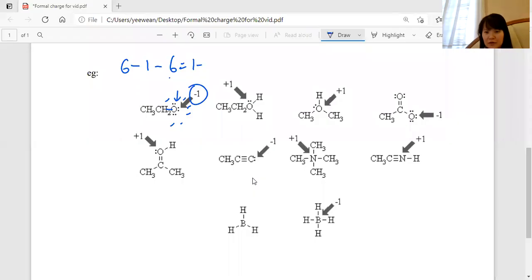Let's try this nitrogen here. Nitrogen has 5 outermost electrons. There are 8 bonding electrons here, so half of that is actually the number of bonds, so there's 4. And minus the non-bonding, none of it is non-bonding. So that's how we get 1 plus.